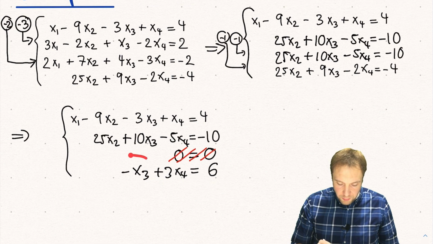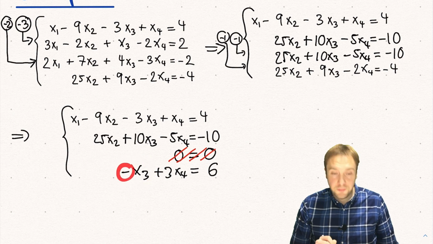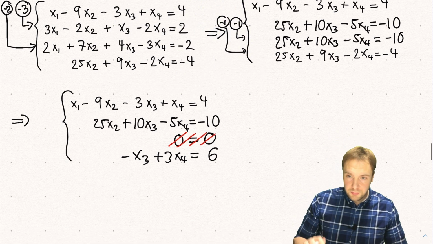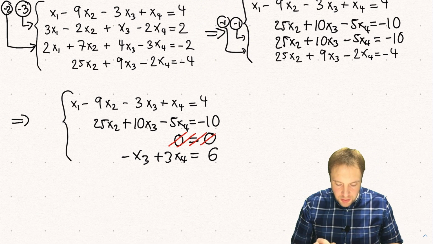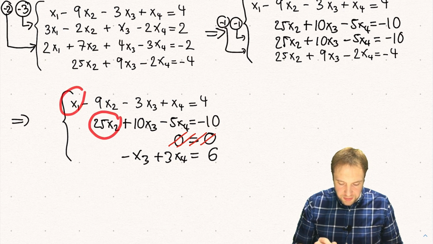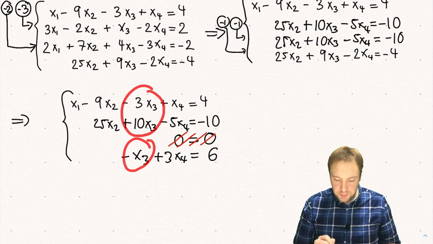And the first thing we want to do is now to get rid of this minus 1 here. So now we have x1 just appears here. Here we have x2, which appears in these two, and x3 appears in all 3.